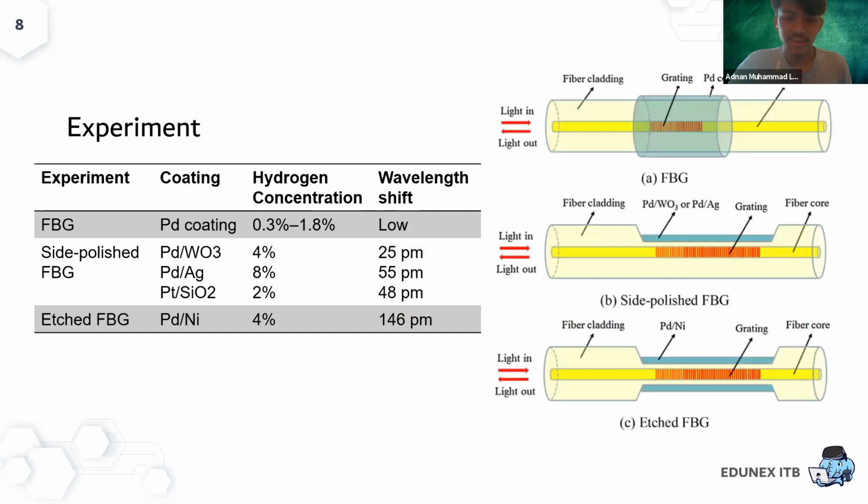So this is the experiment that has been conducted before. The first experiment is an ordinary FBG, as shown in picture A. The grating is coated by a palladium coating, and when this FBG is exposed to hydrogen at a concentration of 0.3 to 1.8%, the wavelength shift is quite low.